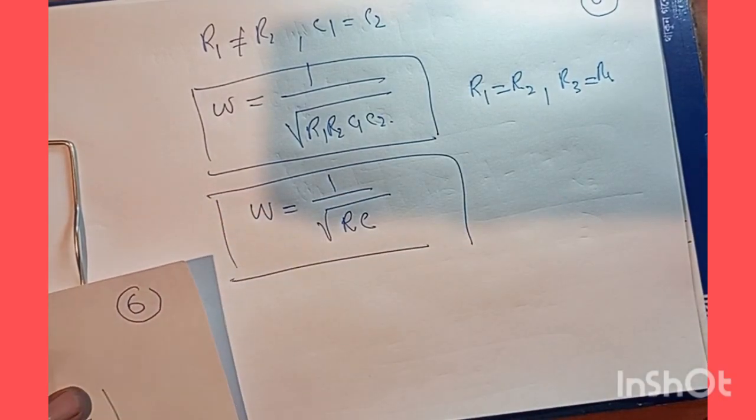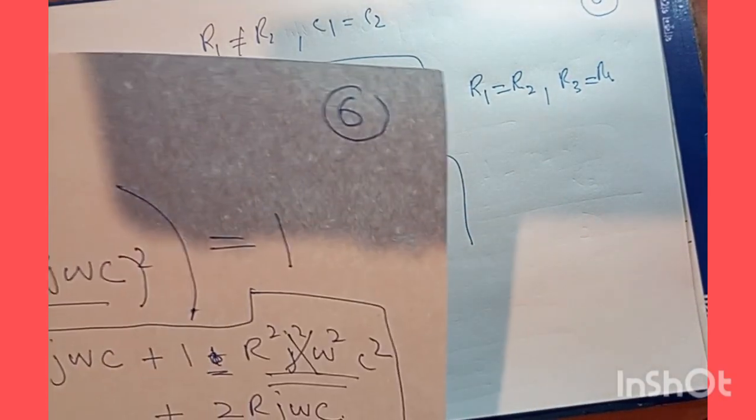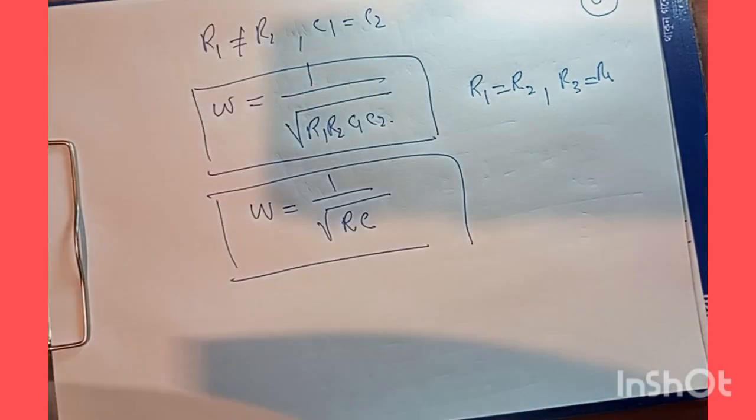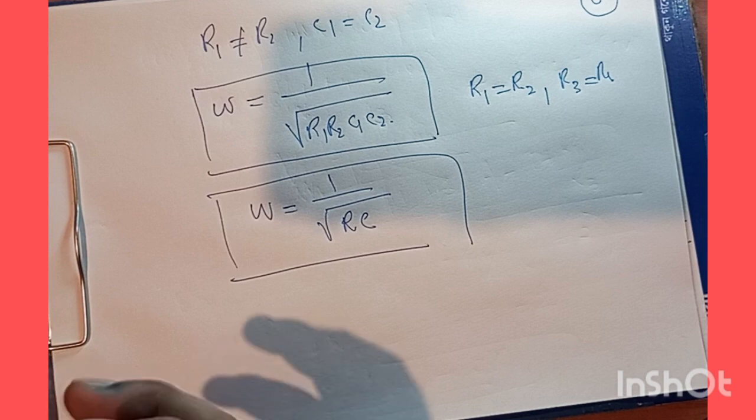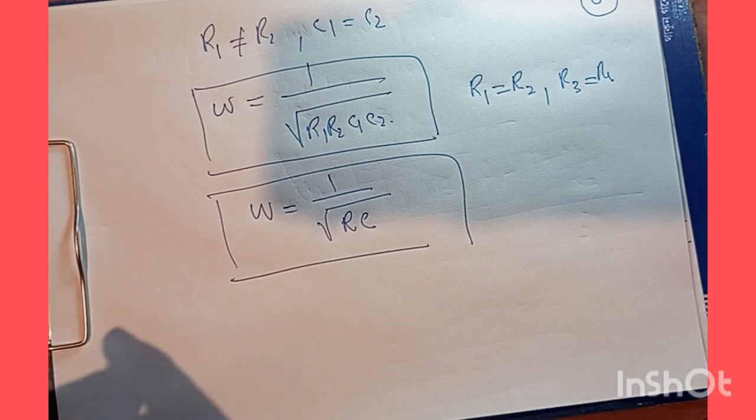So with this, what we have done, we have tried to understand the Wien bridge oscillator using an operational amplifier, how we can have sustained oscillations produced in a circuit having an operational amplifier for obtaining the closed loop gain.